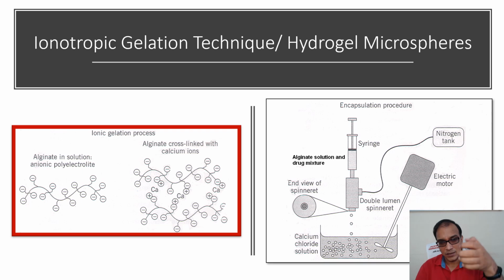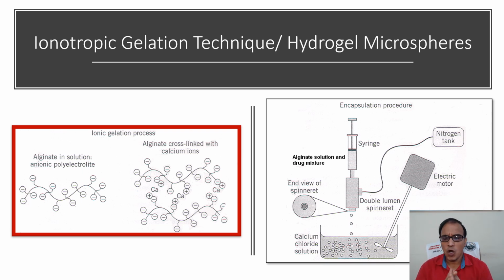So the rate and the distance are the factors which are very crucial: the rate at which you are dropping it, and the distance of the syringe, or whatever mechanism you are applying for loading that alginate solution into the liquid.